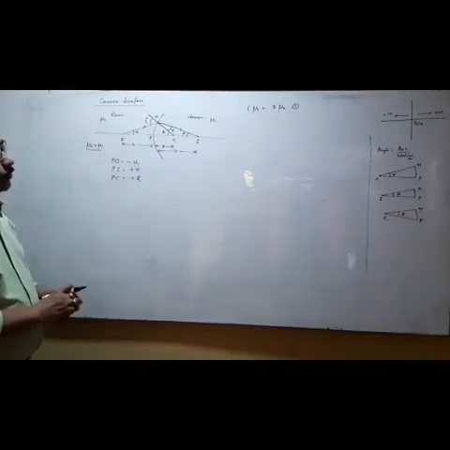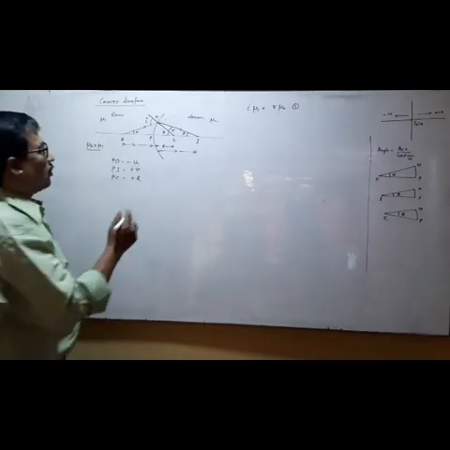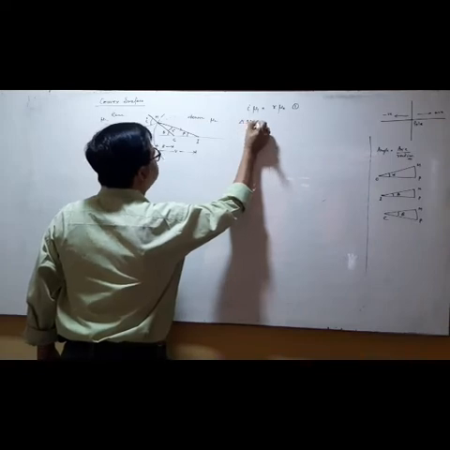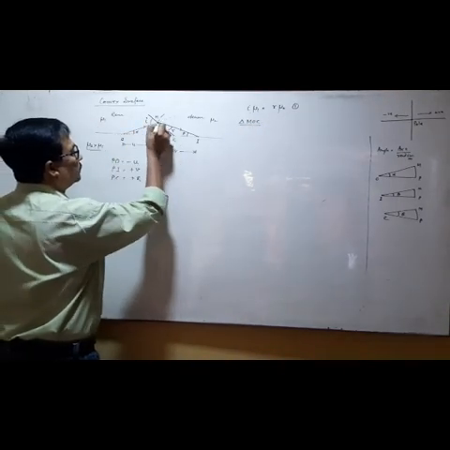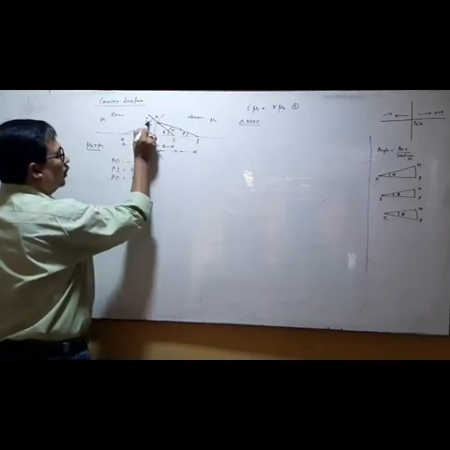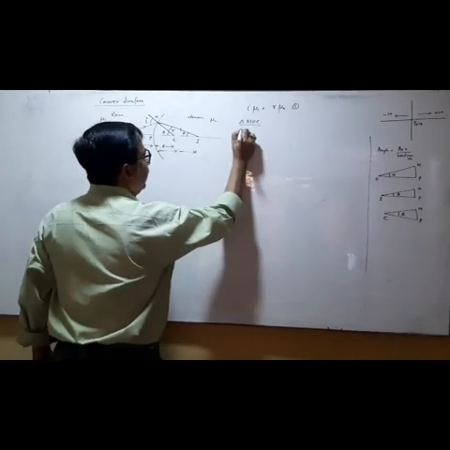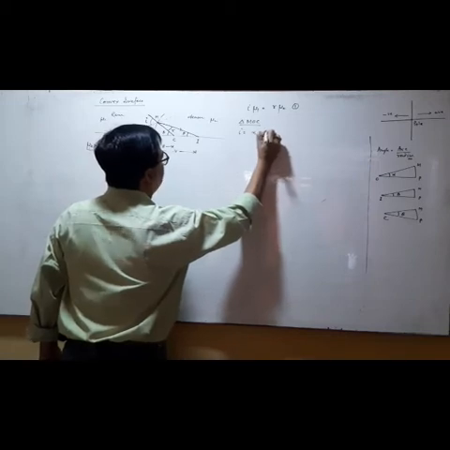Now again we have to write the values of i and r from the diagram. In triangle MOC, i is equal to alpha plus theta, because the exterior angle is the sum of the two interior angles.